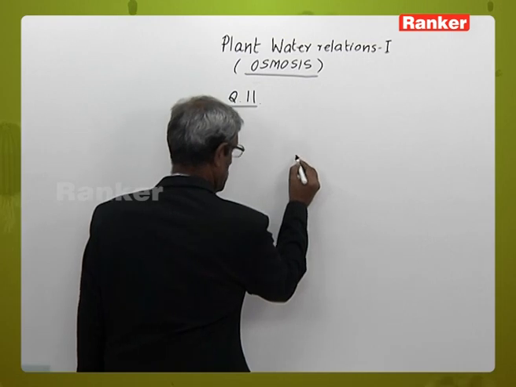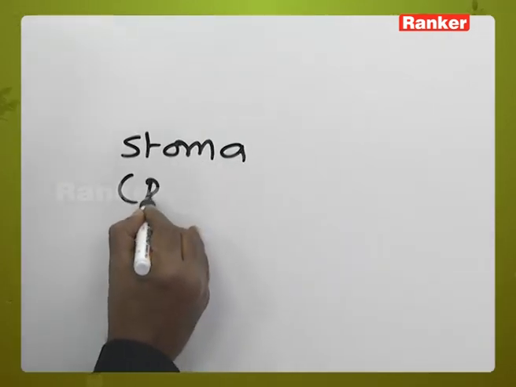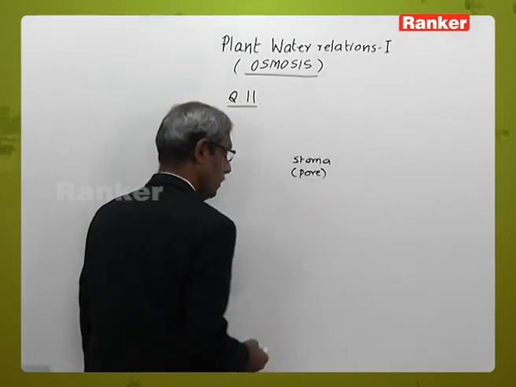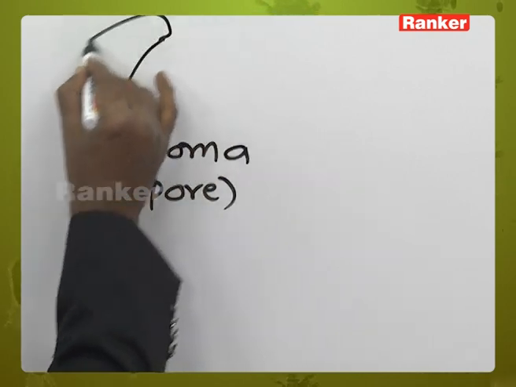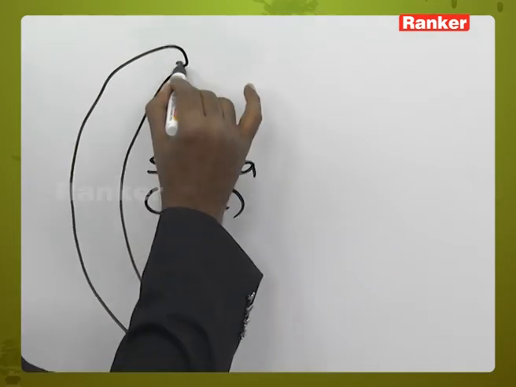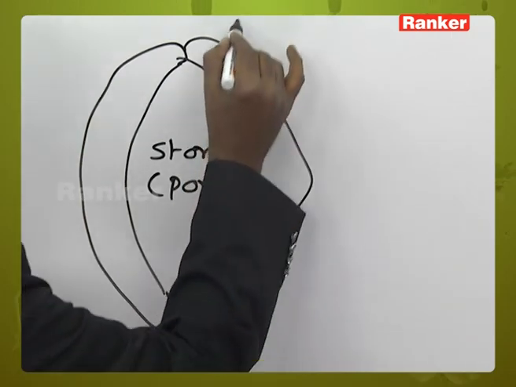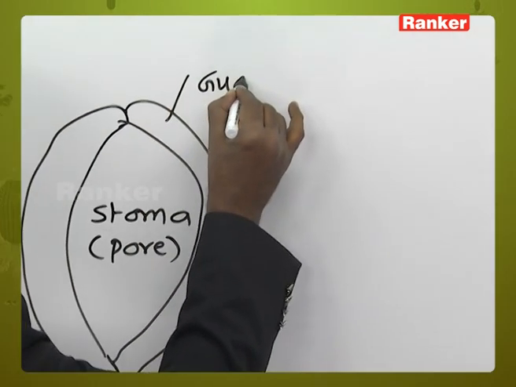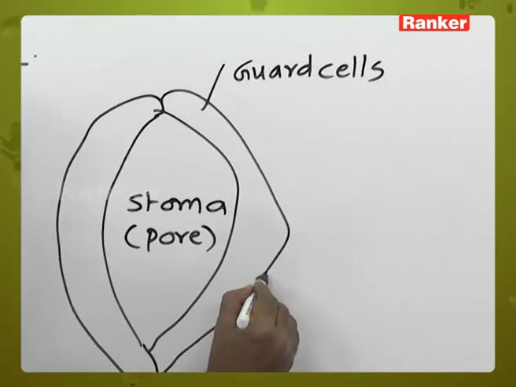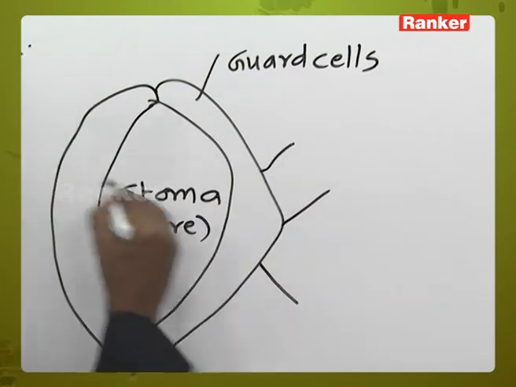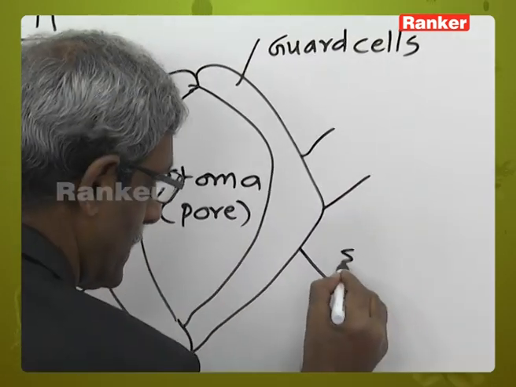When we have the stoma, that is the pore, and the stoma is surrounded by guard cells. These are the guard cells, and guard cells in turn are surrounded by the subsidiary cells.